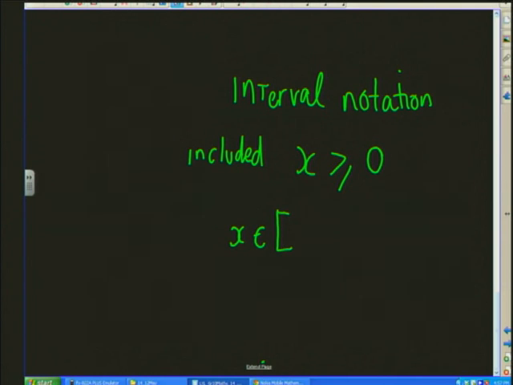Square brackets denote included. From 0 going on infinitely, you can never include infinity because you don't know what that end value is. So we use round brackets to show excluding and square brackets to show including.